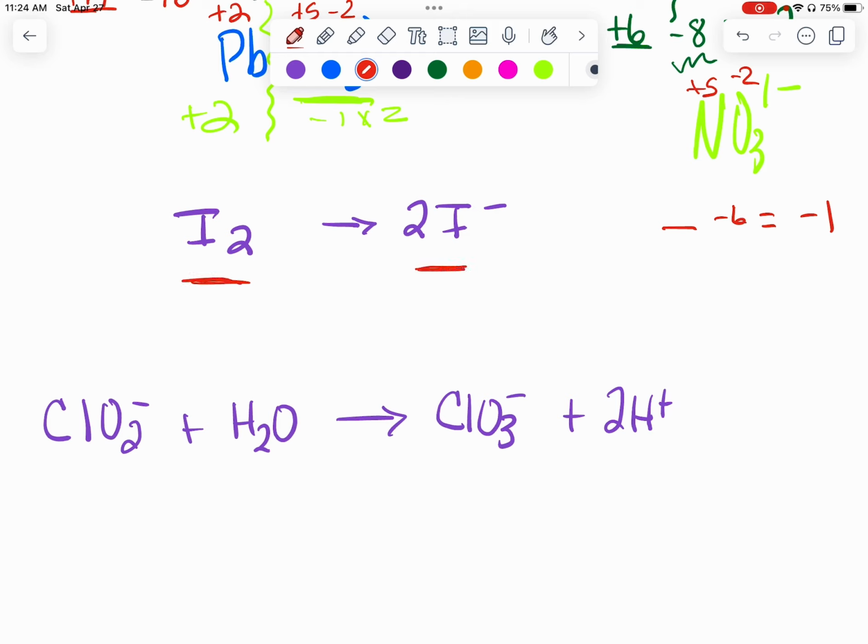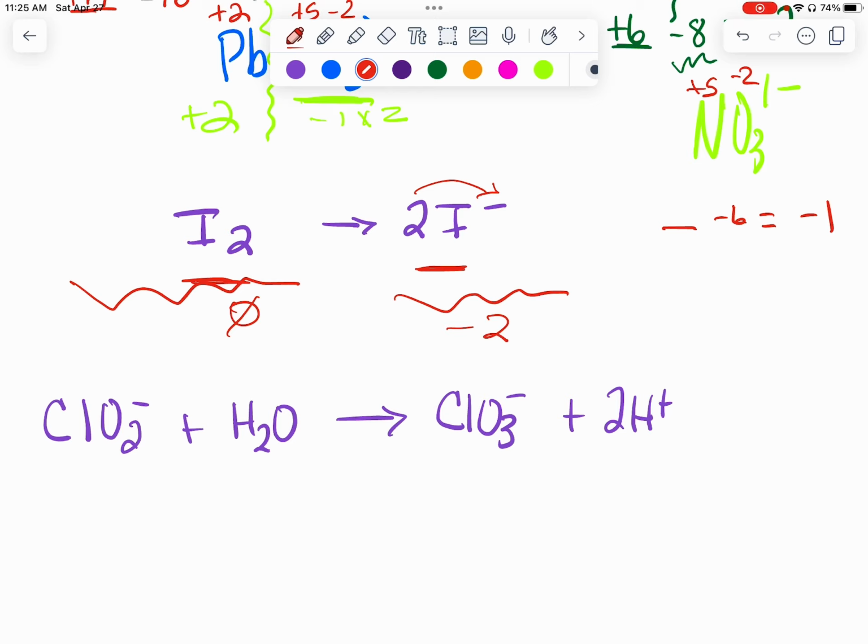You still have to conserve atoms. Here's where it gets fun. We also have to conserve charge. Now on this side, there is no charge. But on this side, there's a -2 charge because 2 times -1 is -2. So we need to make both sides have a -2 charge.